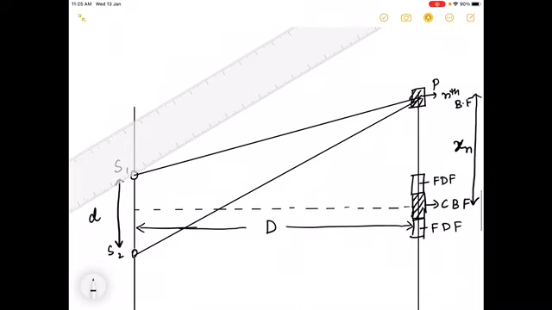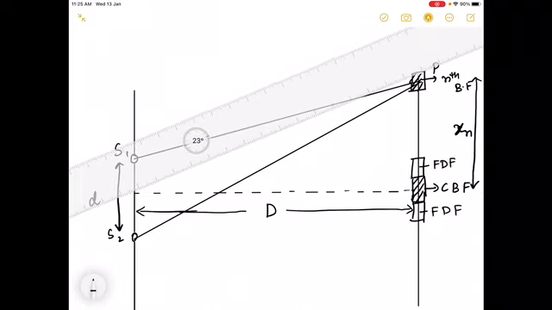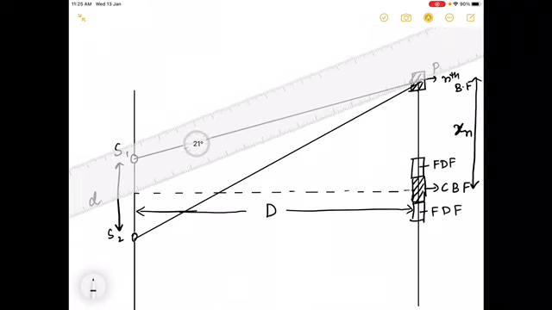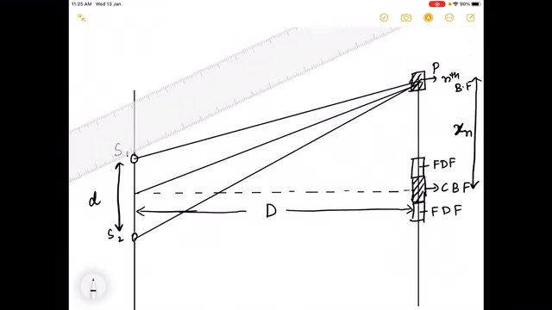Let me also draw one more line from the center of both the slits. Let me call this angle theta, the angle between the center line and the horizontal line.